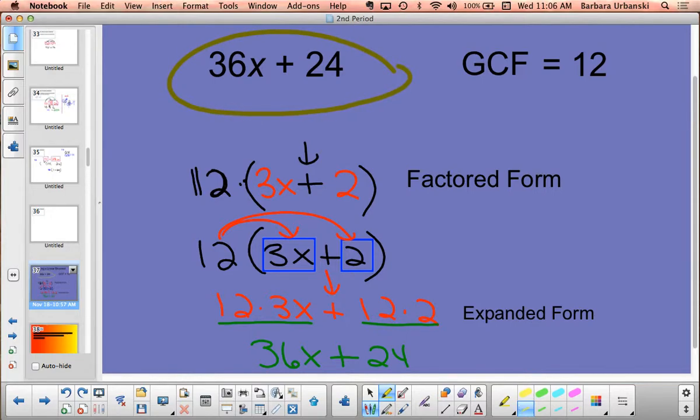So this is how you would go from your original problem to factored form, and if you chose to use the distributive property to check your work, you could do so. That's it.